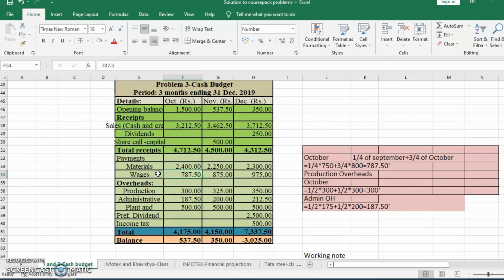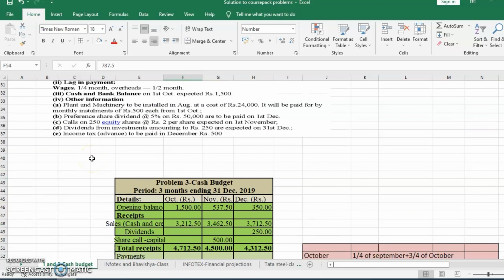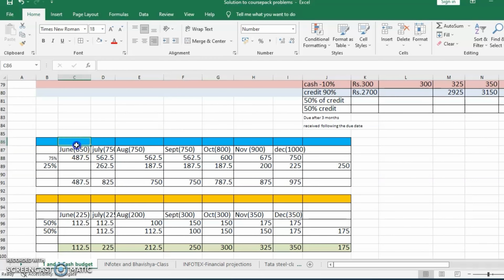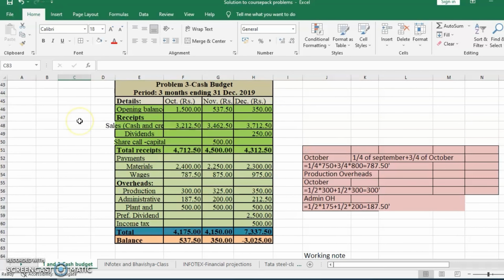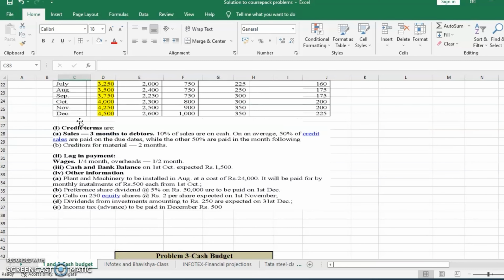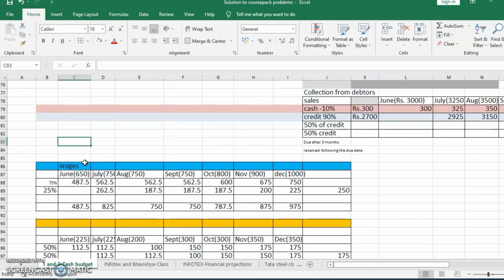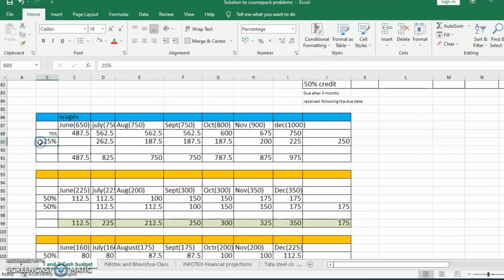Wages. This is another calculation everybody will have to understand. So let's understand this from this working note I have prepared for you all. So this is the wages calculation. What is the instruction that is provided to us? They very clearly said that the wages is 1/4th month. So which means there is a delay by 25%.